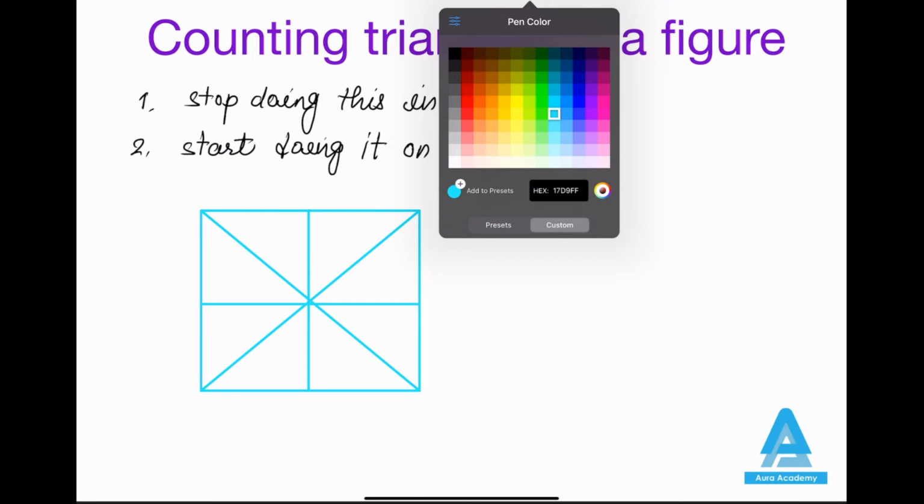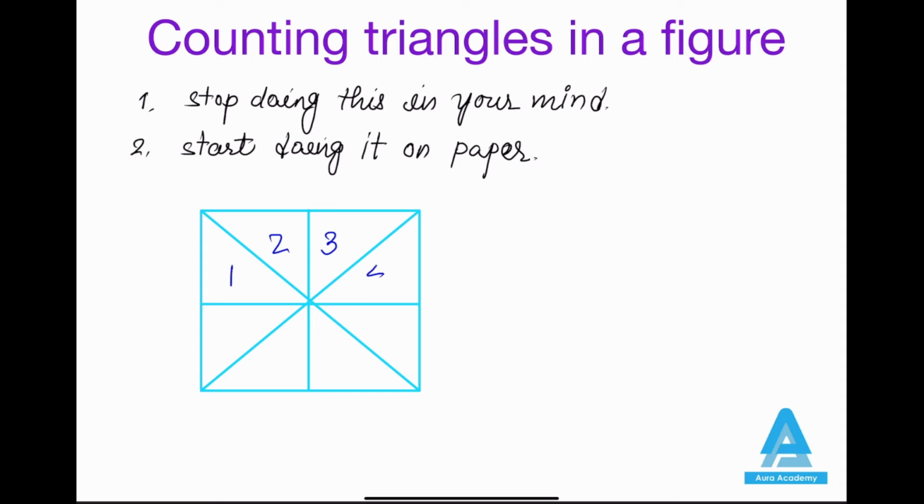For this kind of question, just start counting the number of triangles: 1, 2, 3, 4, 5, 6, 7, 8, and multiply that by 2. So 8 multiplied by 2 is equal to 16. This is the answer. The number of triangles in this figure is 16.